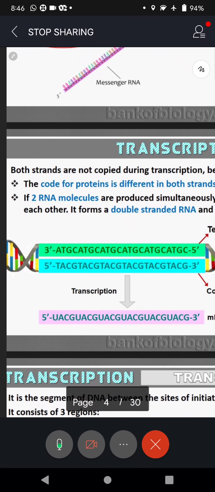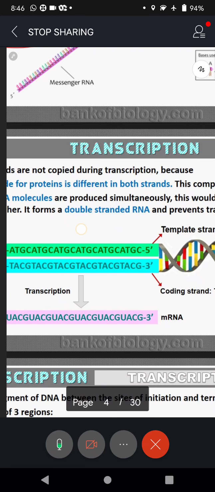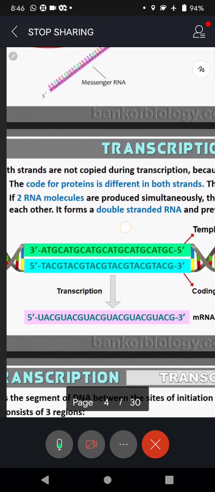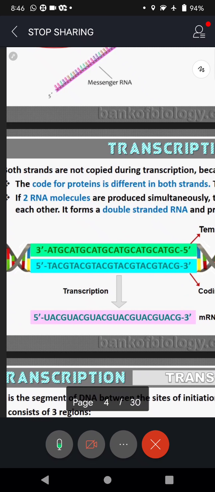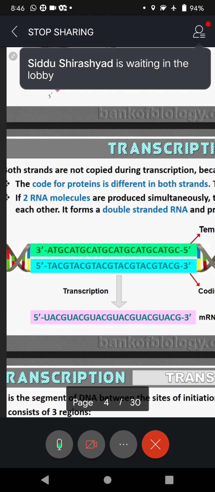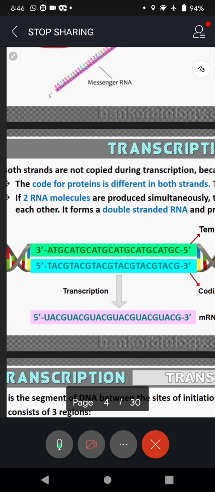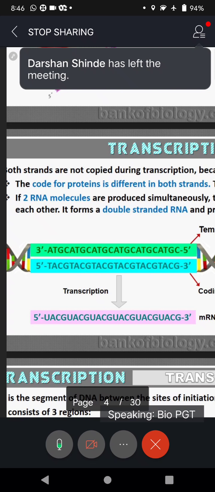We know that only one will be copied. And this is so because the code for proteins is different in both strands. Now, what is code? We will talk in next few seconds. You must understand here, the nitrogenous bases will be in the form of triplet. 3 nitrogen bases together is code.